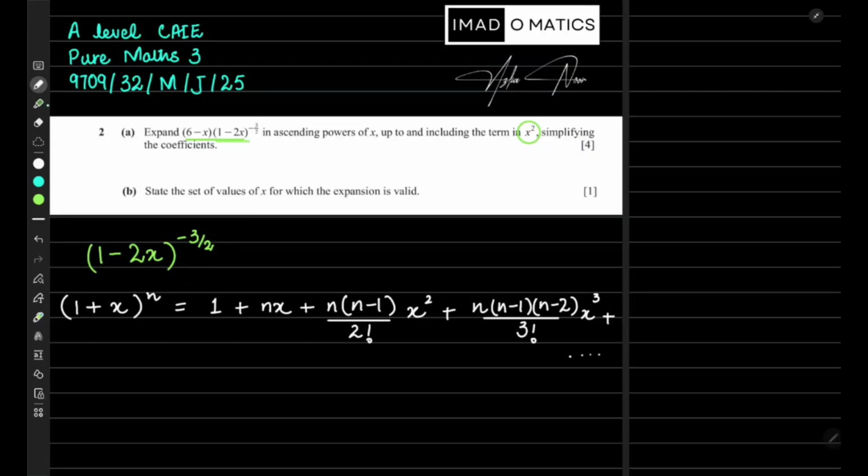Okay, now what is this x and what is this n in this expression? The x is minus 2x along with the sign, and n is minus 3 over 2. Okay, so let's begin and expand this.